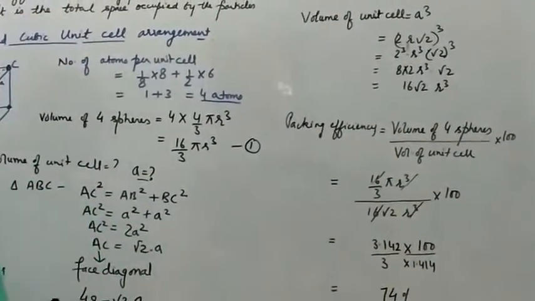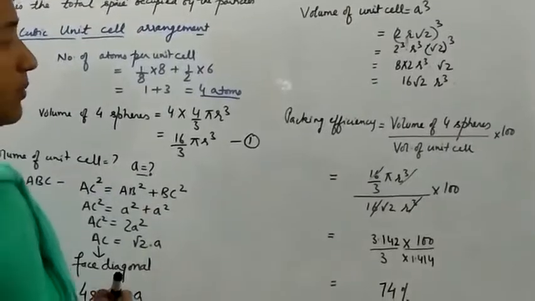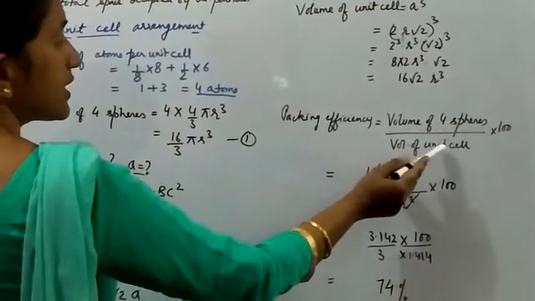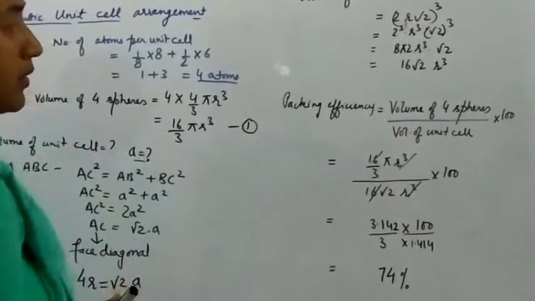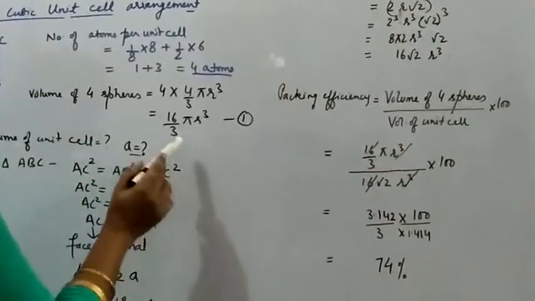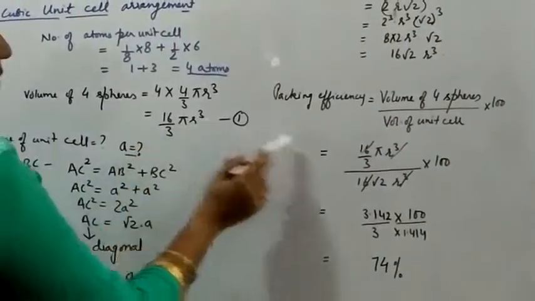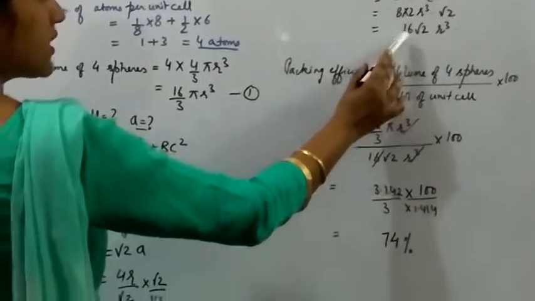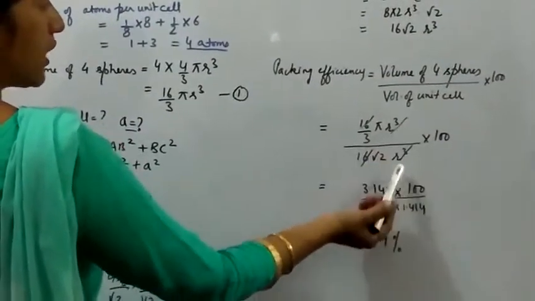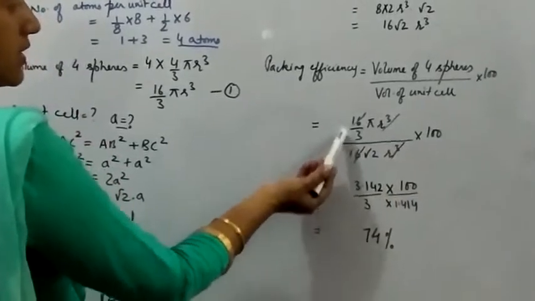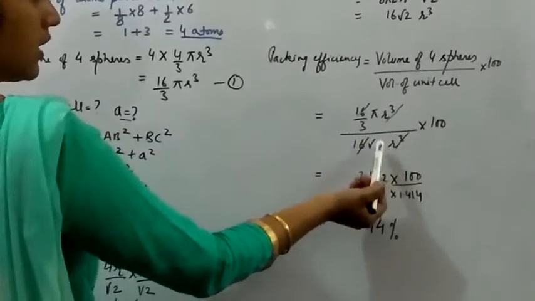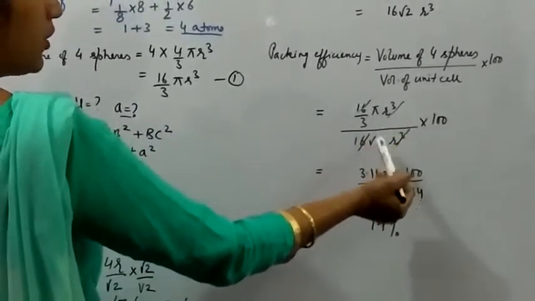Now just come to the formula of packing efficiency. So it will be the volume of 4 spheres upon volume of unit cell into 100 to make it into percentage. We will put the value of the 4 spheres. It is 16 upon 3 pi r cube upon volume of unit cell 16 root 2 r cube. So here the r cube and r cube will get cancelled, 16 with 16. So we will get pi upon 3 into 100 upon root 2.